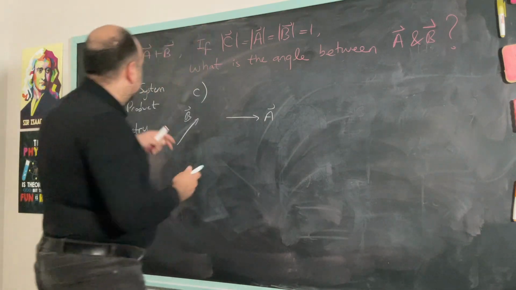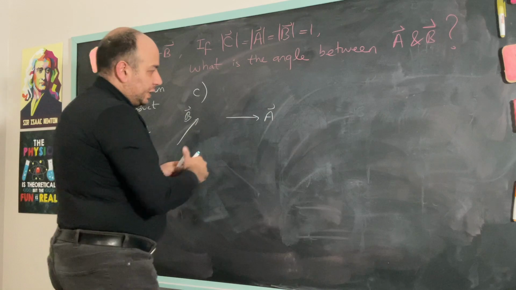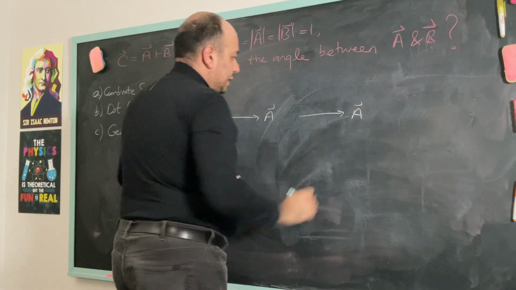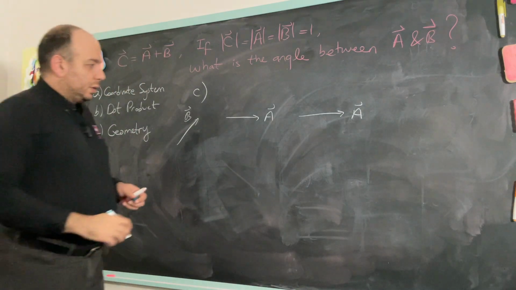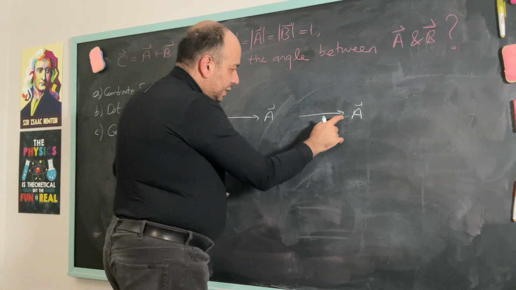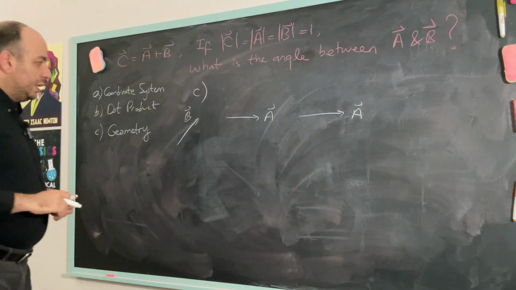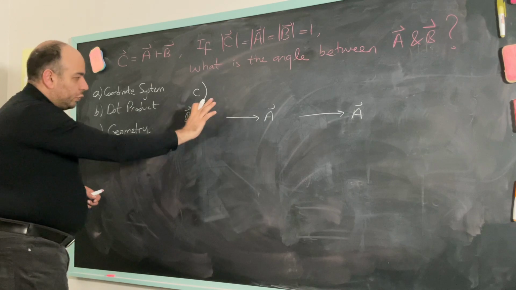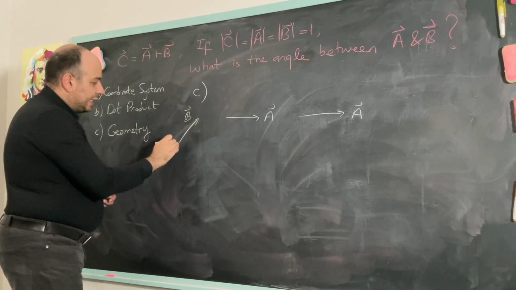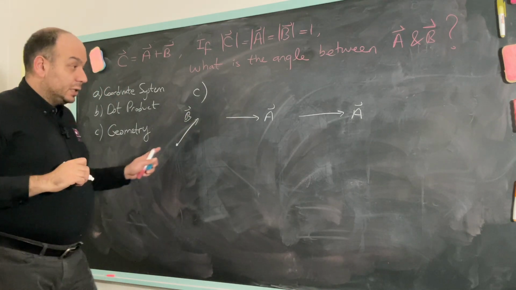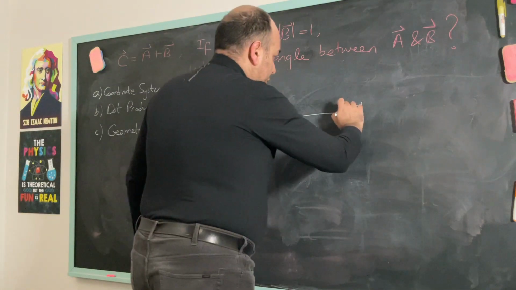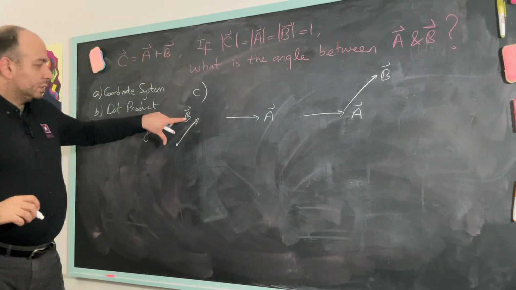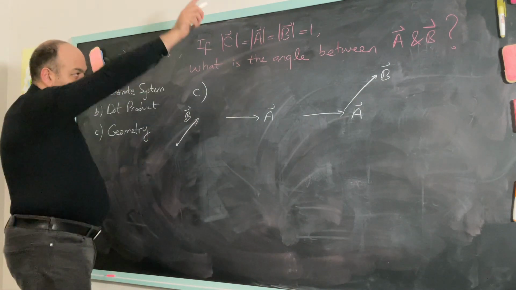So we take the first vector A as is. A is pointing to the right, so I'm just going to take it like that. Here is the tail and here is the tip of A. Then, without changing the orientation of the second vector, B, I'm moving it. I'm connecting the tail of B to the tip of A. As I said, the orientation B points in doesn't change.